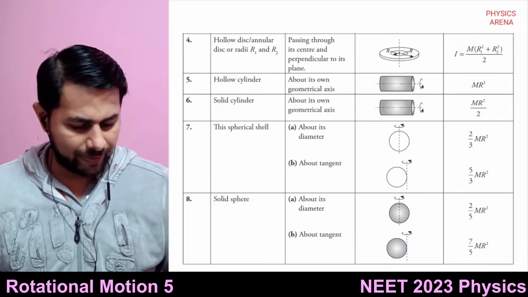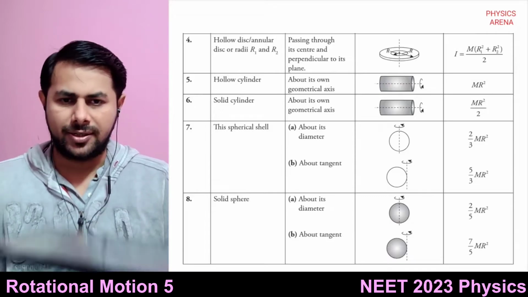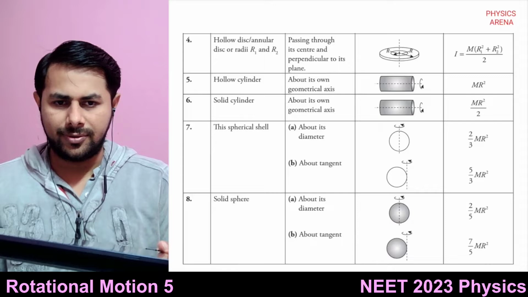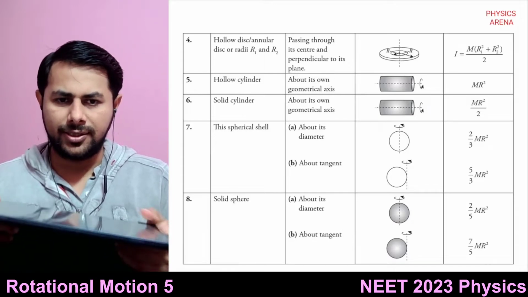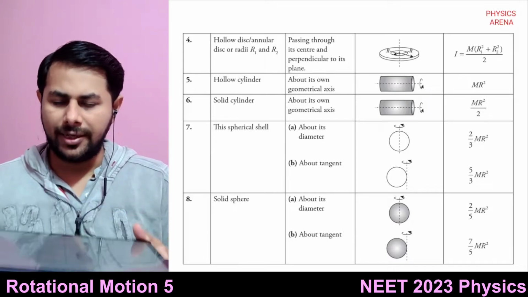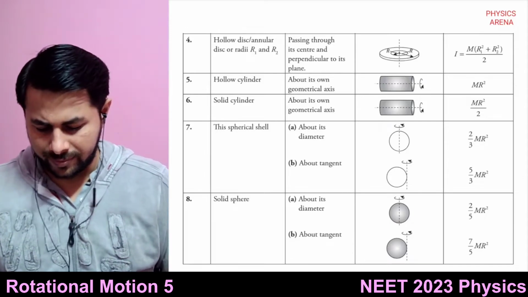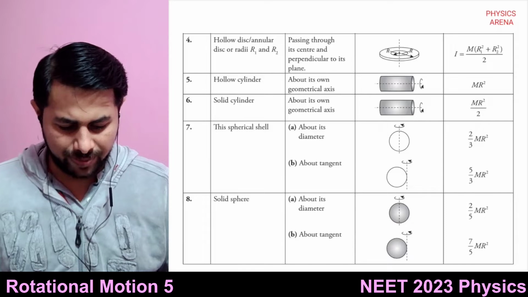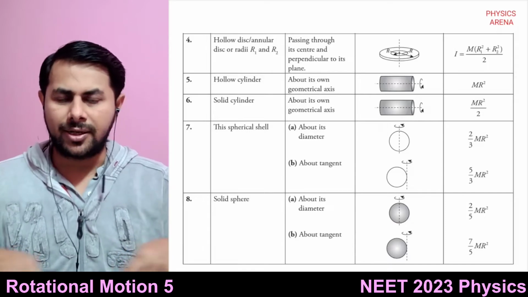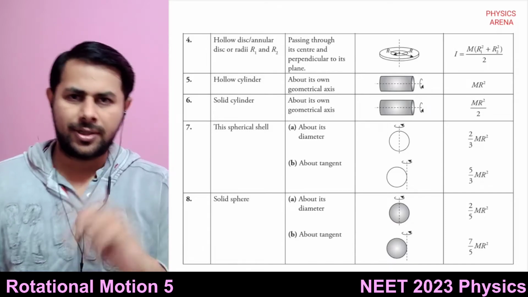It is applicable for this kind of body, like the slab. It is a laminar body, it can lie in a plane. The body can have any shape, not necessarily a rectangle or a disc.